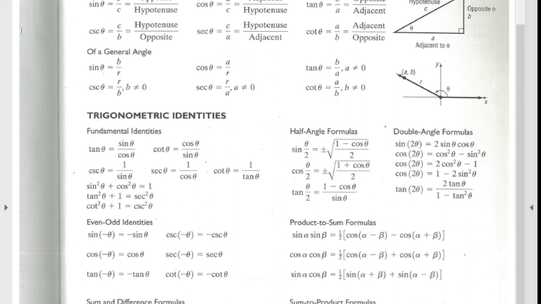Cosine of 2 theta. That's correct. I'm going to add the 1 to the other side. And I'm going to divide the whole thing by 2. Over here, I think I have these flipped. I think I have a wrong sign right here. This should be a 1 minus cosine 4 theta.